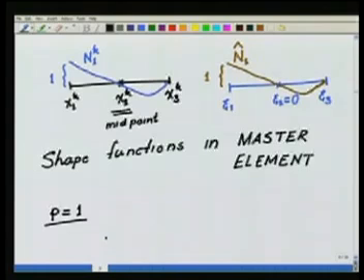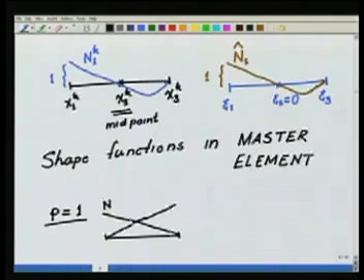Linears correspond to p equal to 1, so here we had the physical element, and this was my n1 of k, this was my n2 of k, this was my point x1 of k, this is the point x2 of k.